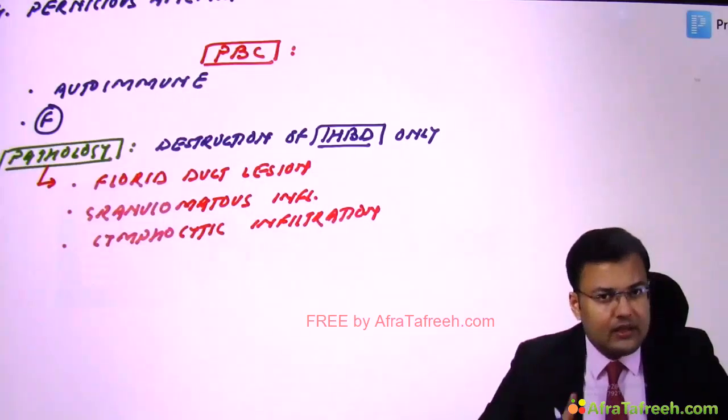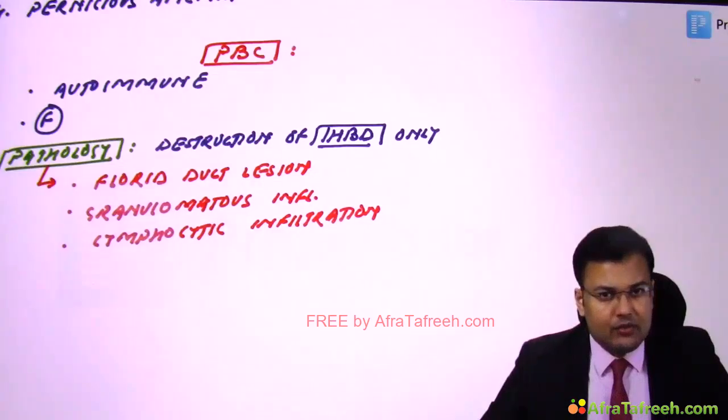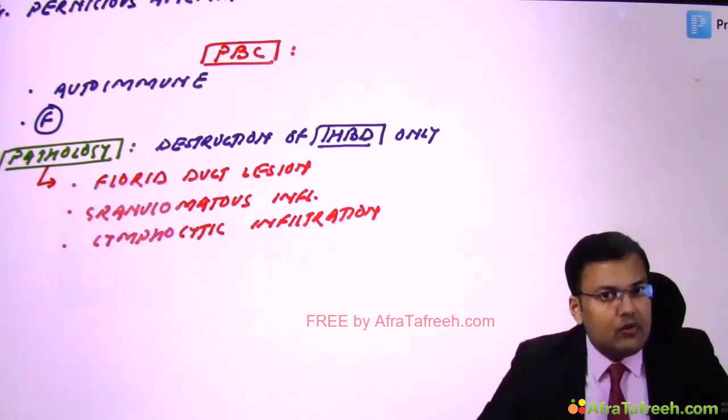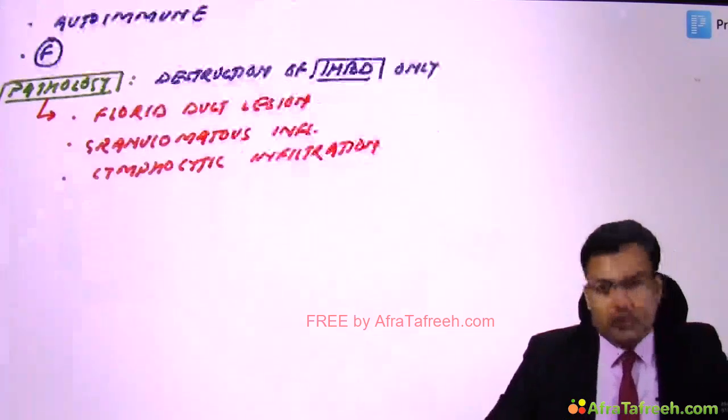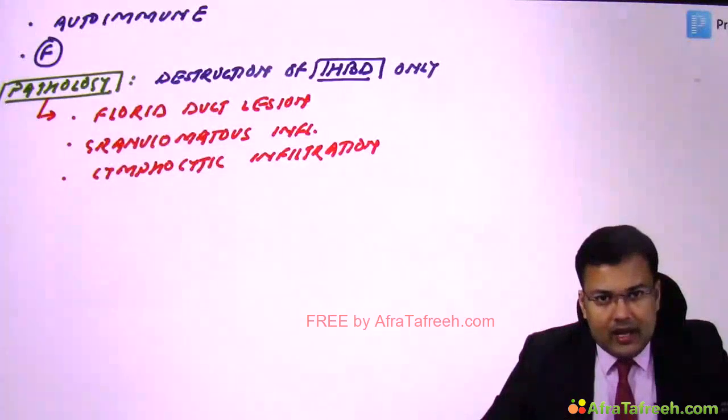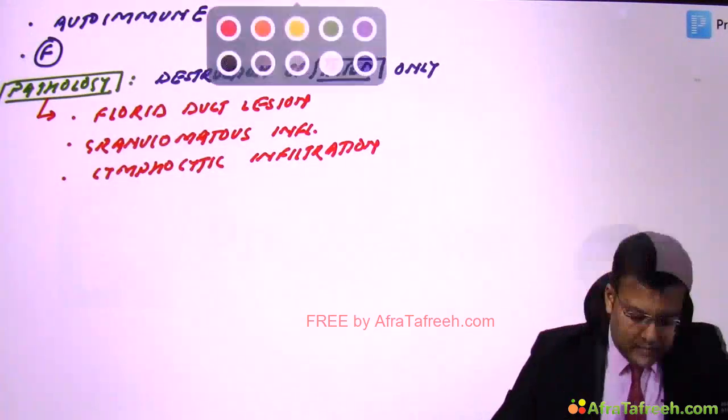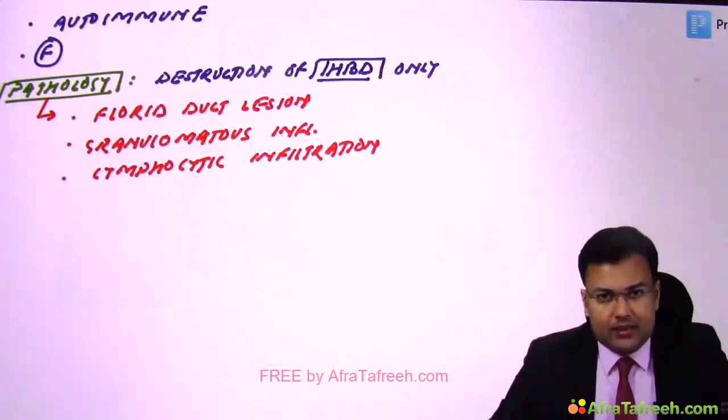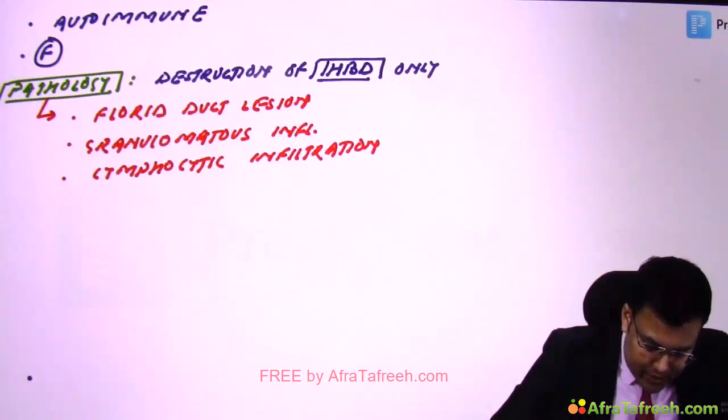So if these are the diagnostic pathological appearances, what is the investigation of choice for diagnosis? Obviously biopsy, where you are going to find these appearances. Okay, now the problem, these patients have pruritus and fatigue. The two most characteristic symptoms of this condition is pruritus and fatigue. Now see the important points.